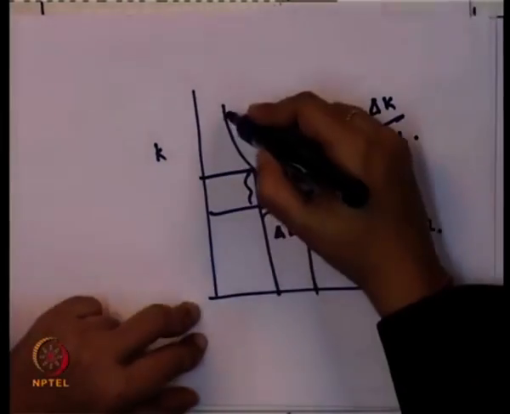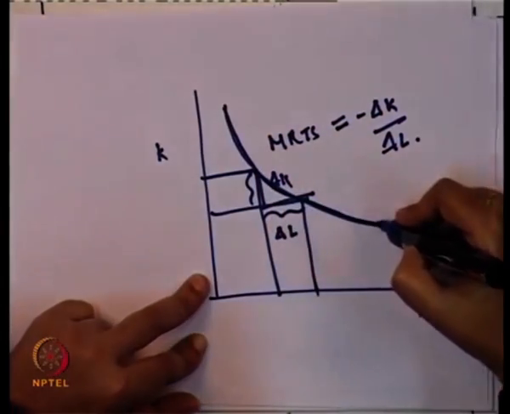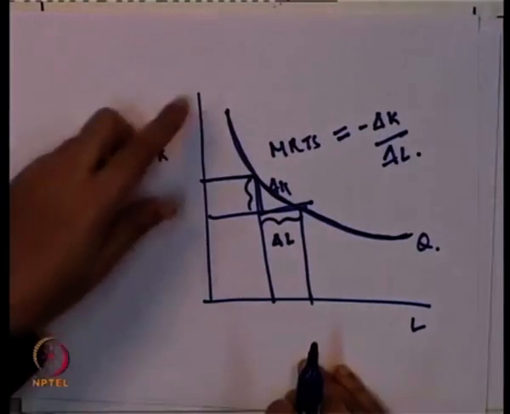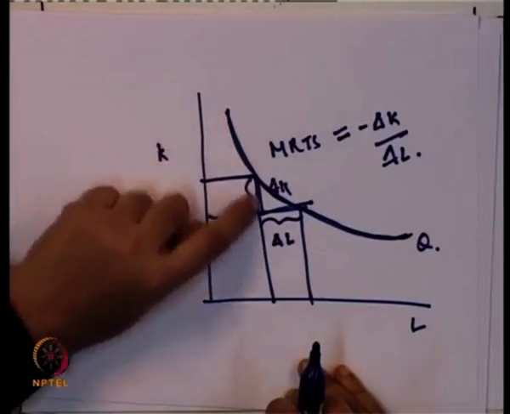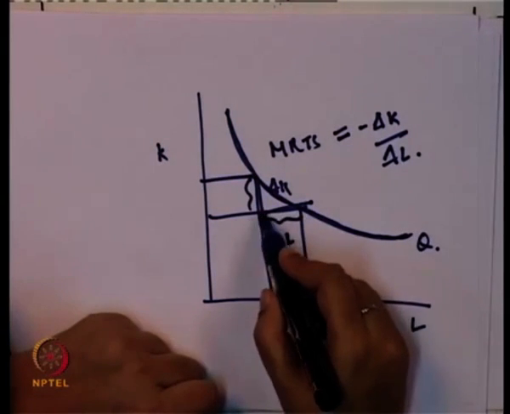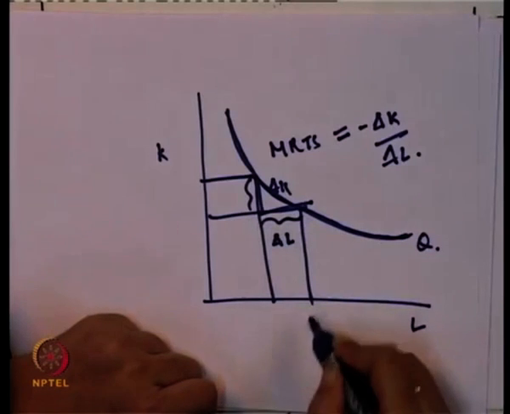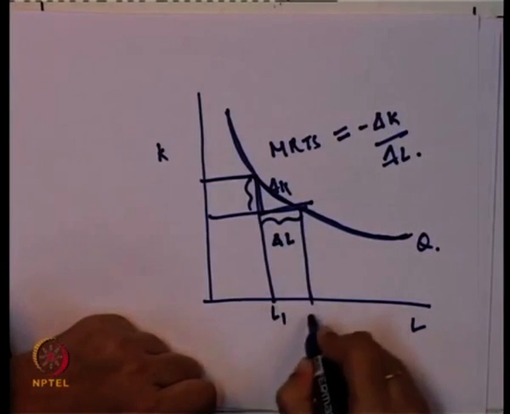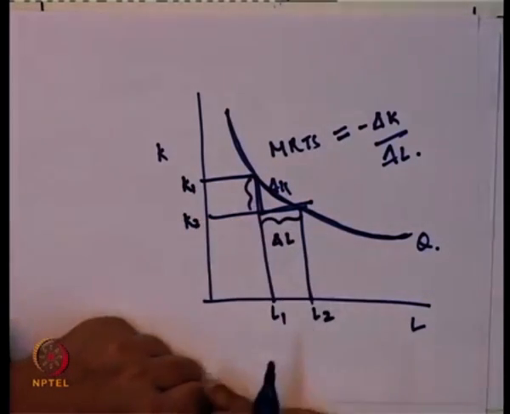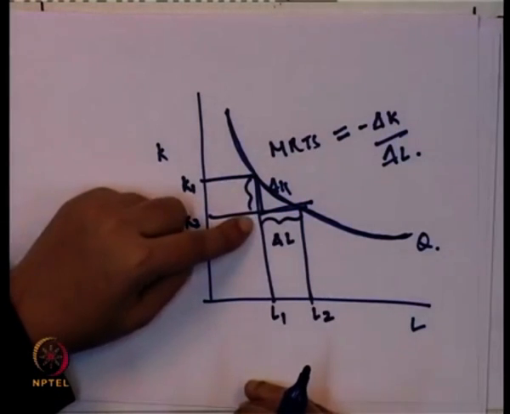This leads to one more property of the isoquant, which is that the isoquant is always downward sloping. Whenever we increase one input, suppose from L1 to L2, there is a decrease in the other input, that is K1 to K2.